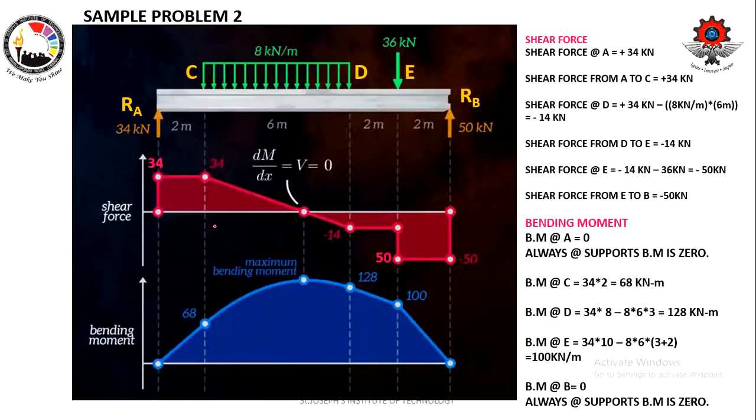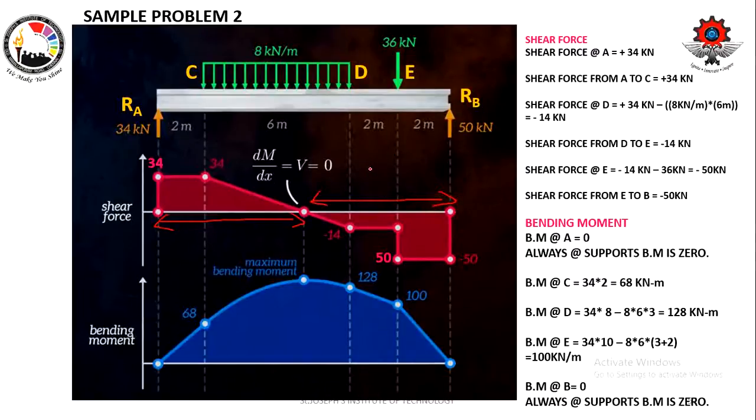Now we are supposed to know the location of this maximum bending moment. Location in the sense, from this point, what is the distance, either from the left end or the right end.